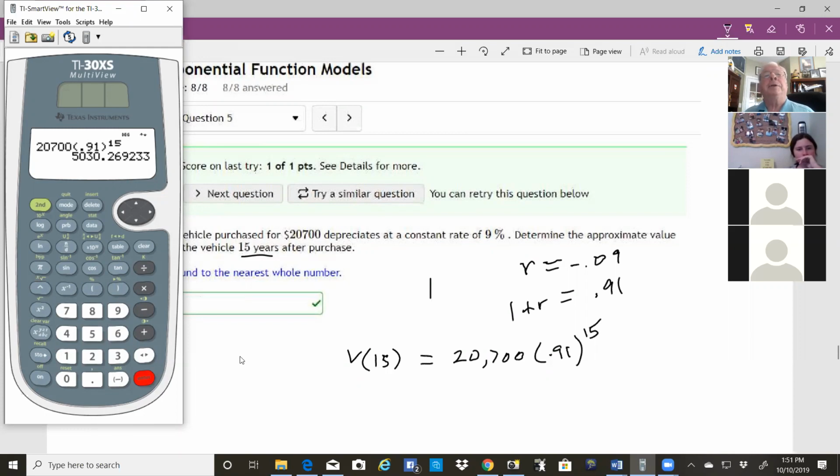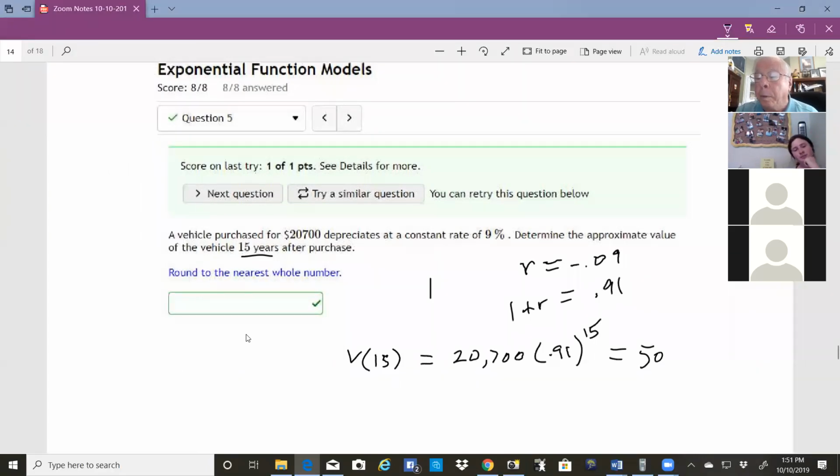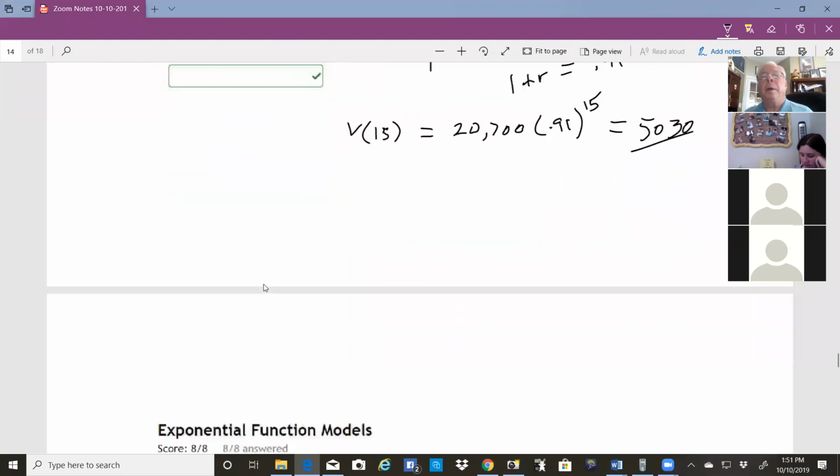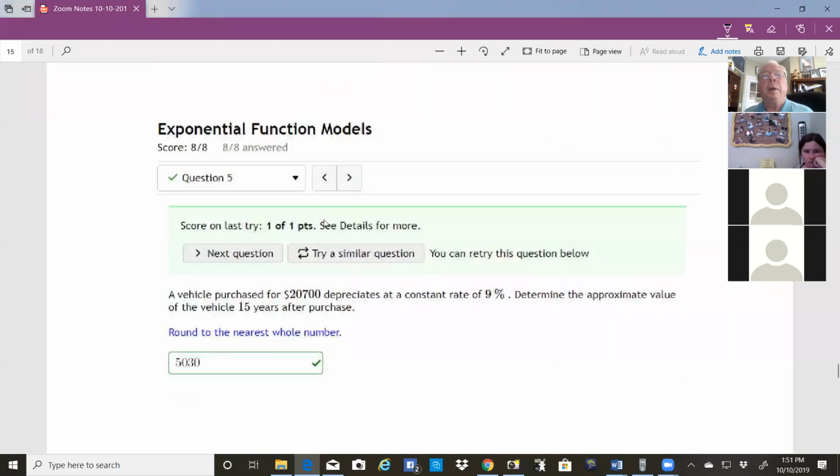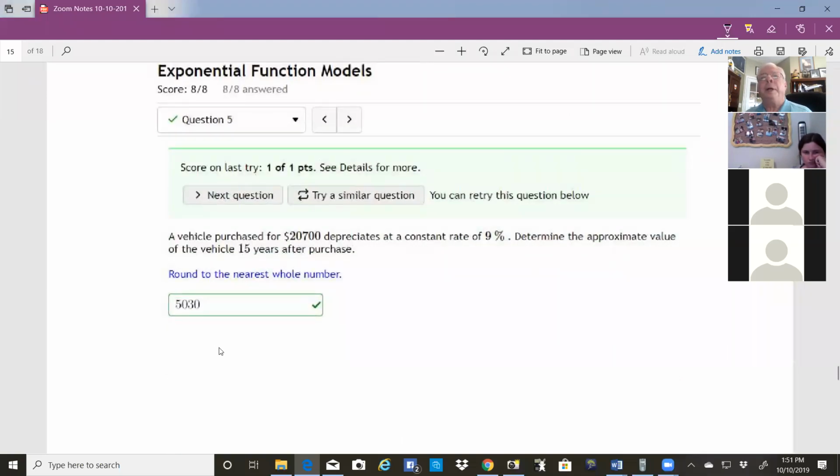So that vehicle is going to be worth, to the nearest dollar, $5,030. Okay, 5,030, there we go.